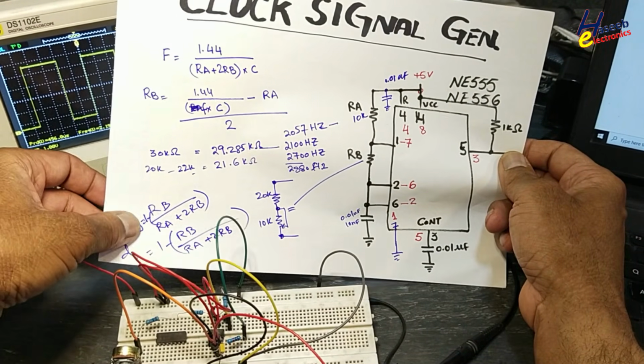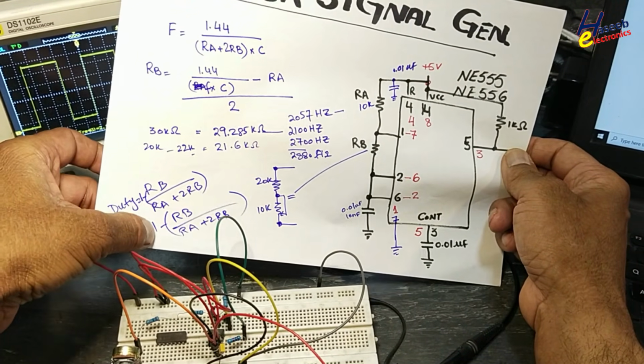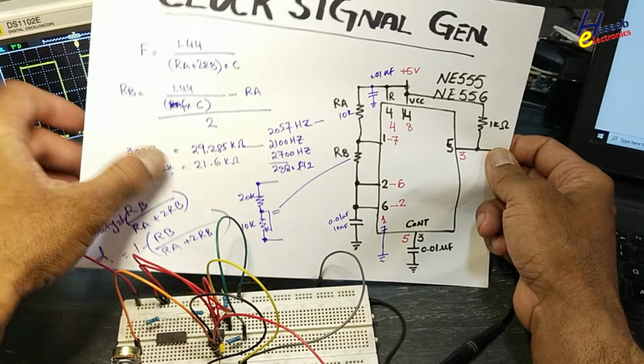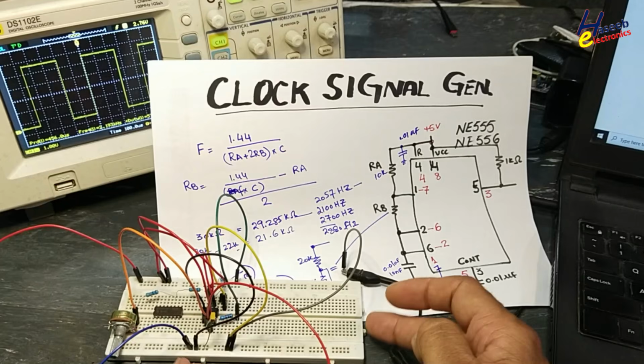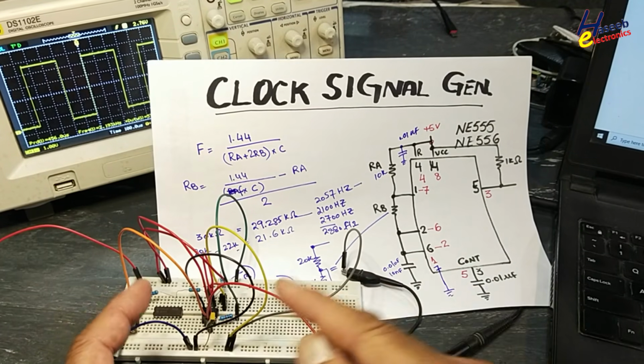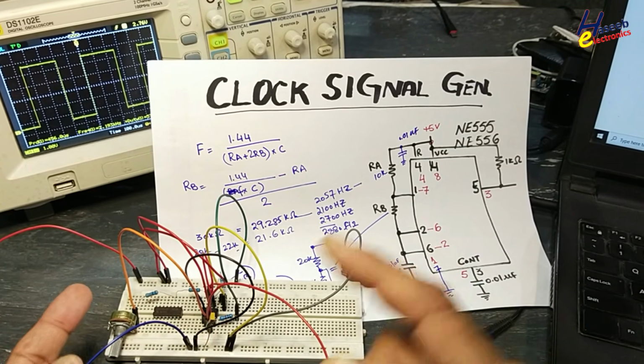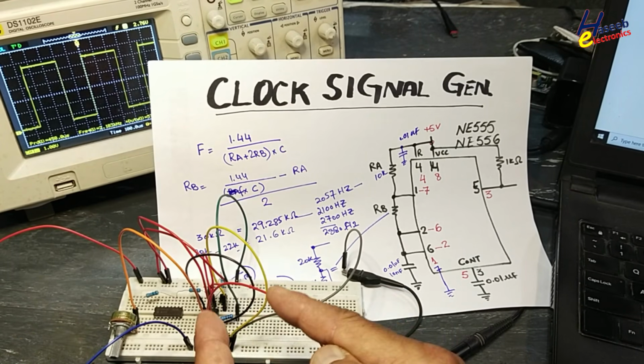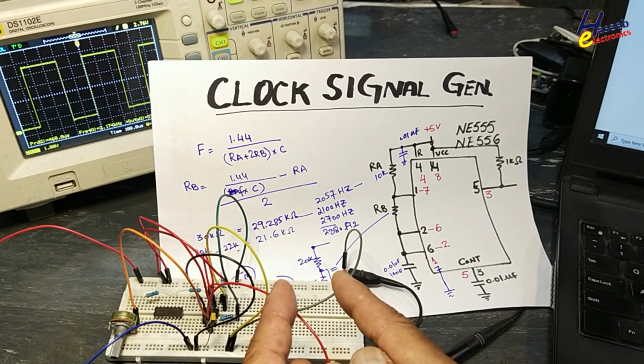We can confirm the duty cycle using this formula: 1 minus RB divided by RA plus 2 RB. If we have a circuit that is using NE556 and we cannot find a 556, we can use the NE555 IC.